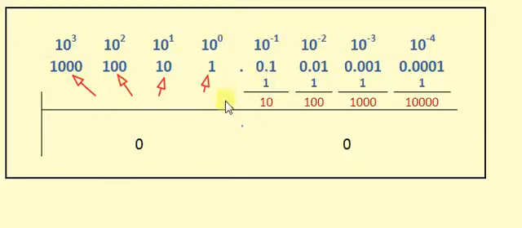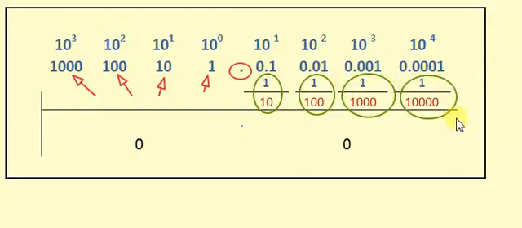But when we get to the decimal point, we turn into fractions. And the fractions themselves, you'll see, we go a tenth, and then a hundredth, and then a thousandth, and then a 10,000th.